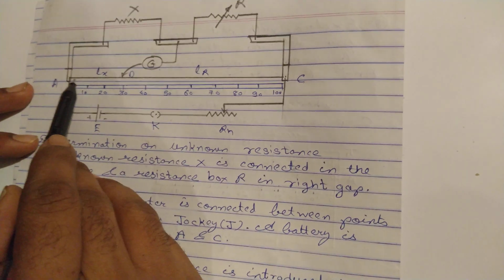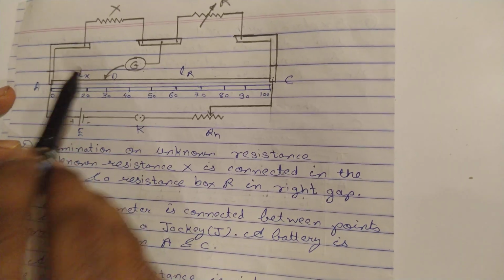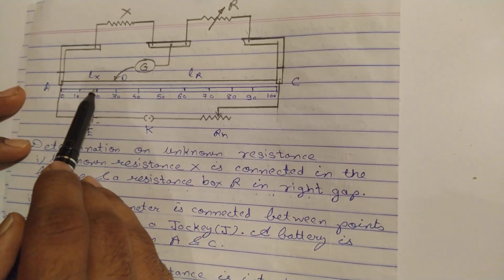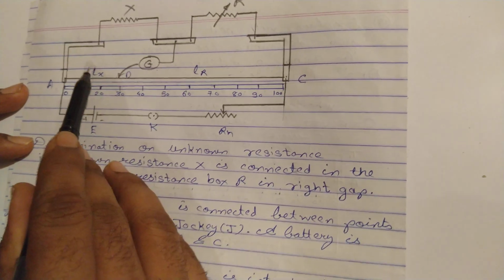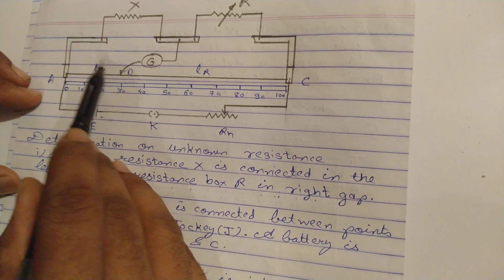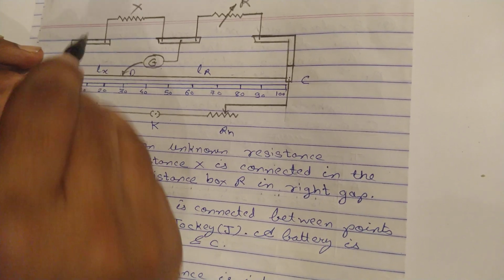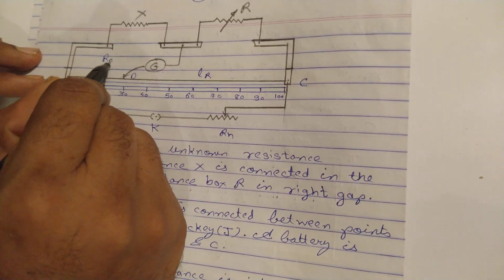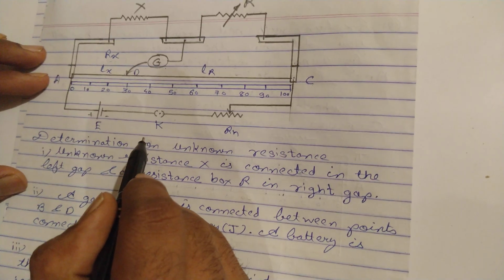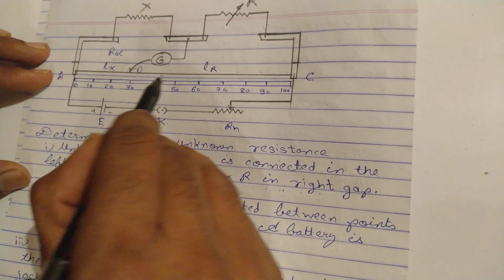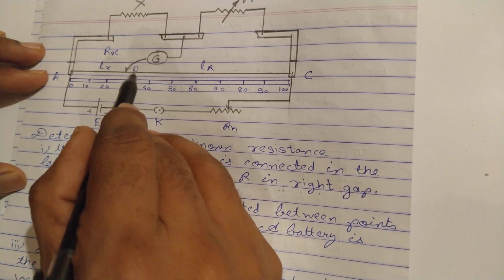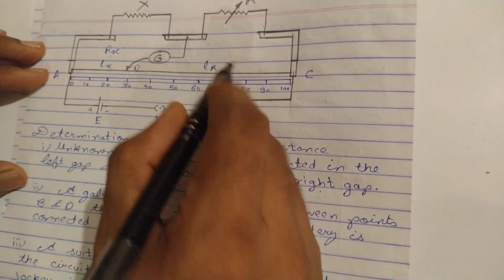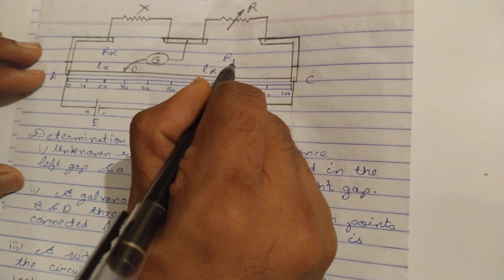Students, since AD is a wire of metal, every metal has some resistance. So the wire of length Lx has resistance Rx. Similarly, the wire DC, that is Lr, also has resistance of value Rr.